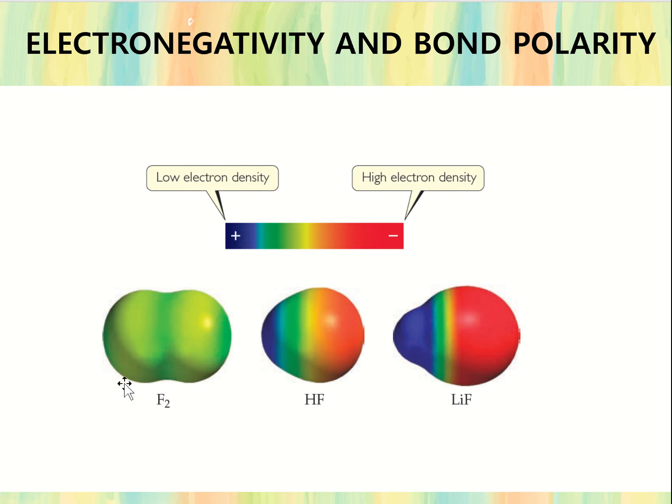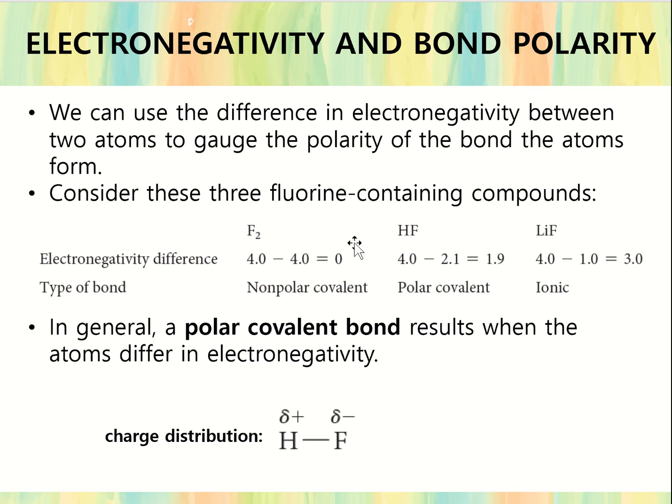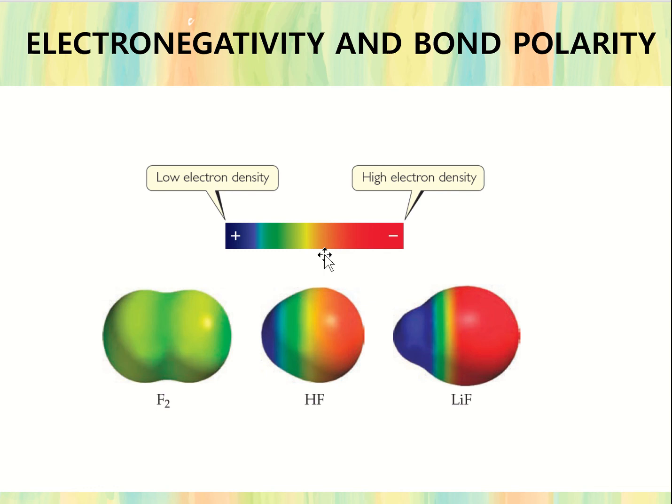For our fluorine, which is a nonpolar covalent bond, the difference in electronegativity is 0. It's essentially in this region here in terms of the electron density. So it's not very low, not very high, and it's in this region here.